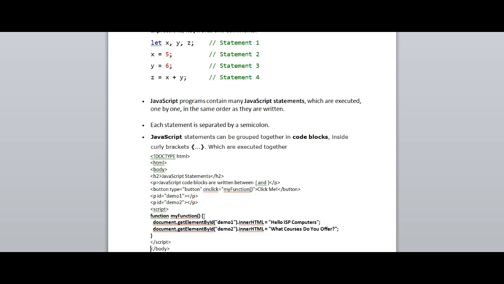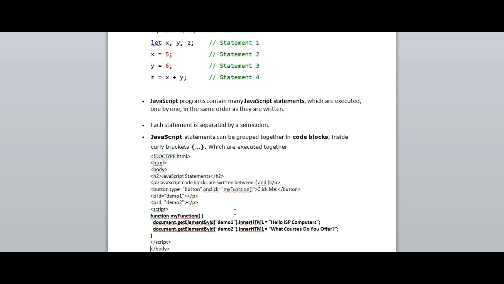This one is the opening one, and this is the closing one. Then in between, this is a code block, you have the JavaScript. So now you say document.getElementById demo1 .innerHTML equals hello ISP computers, document.getElementById .innerHTML, what courses do you offer?